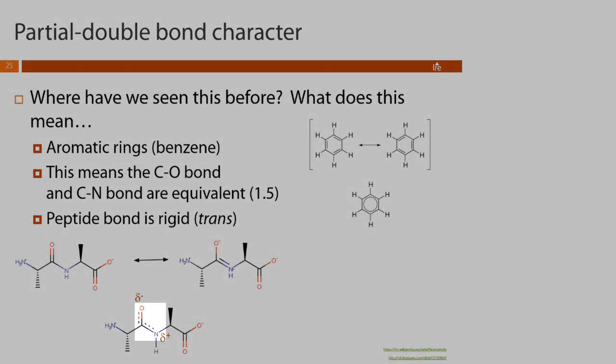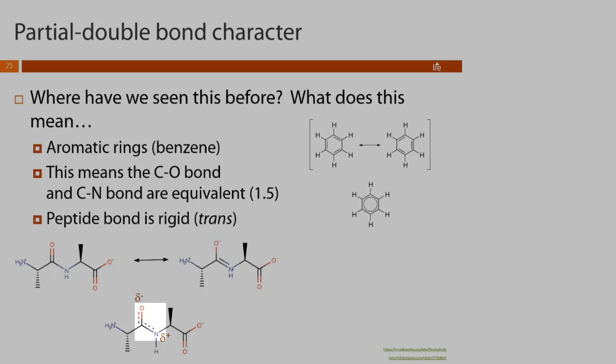Well, we see the same thing with the peptide bond that forms when we join two amino acids together. The C-O bond and the C-N bond are equivalent 1.5 bonds. Those 2 electrons are able to flow between these 3 atoms.